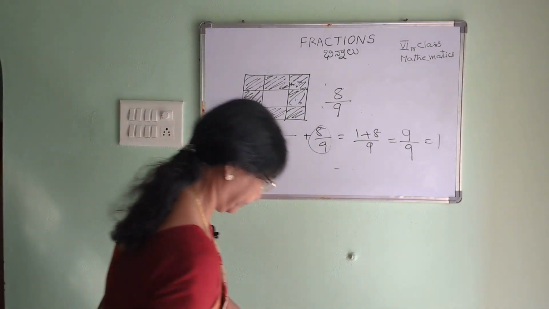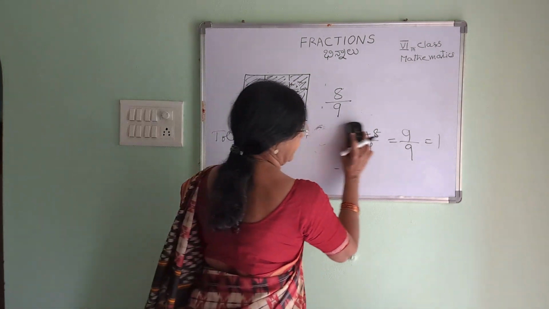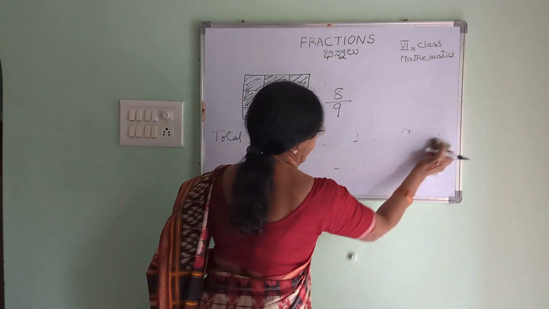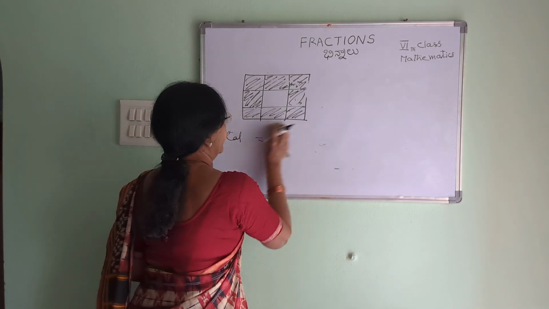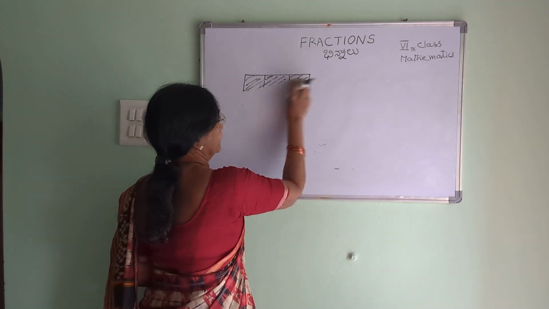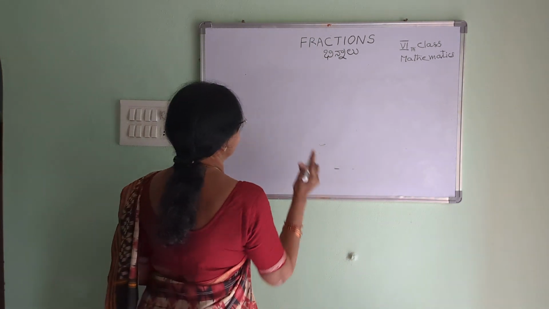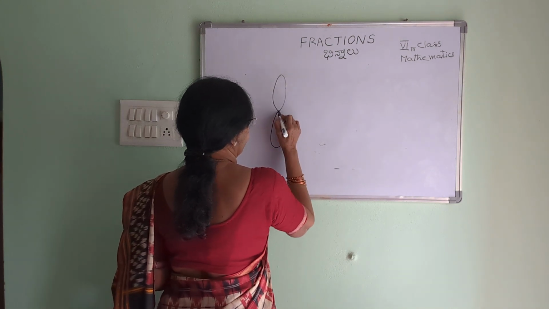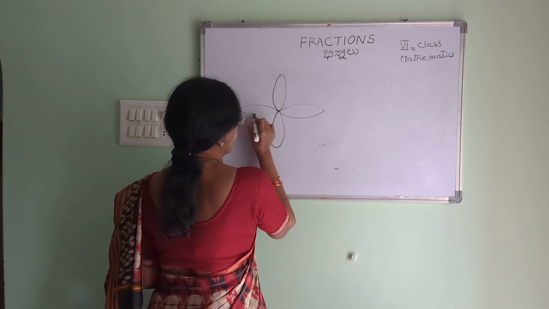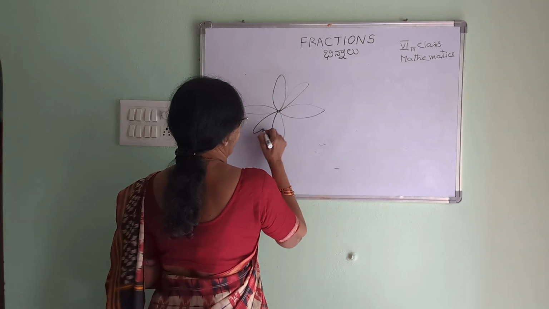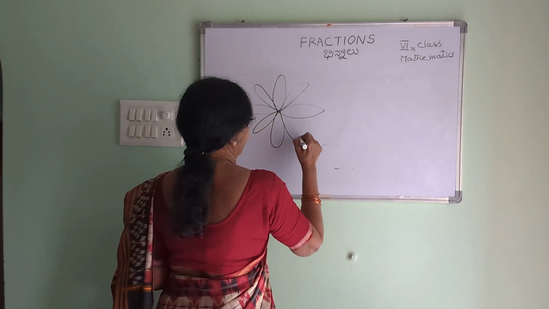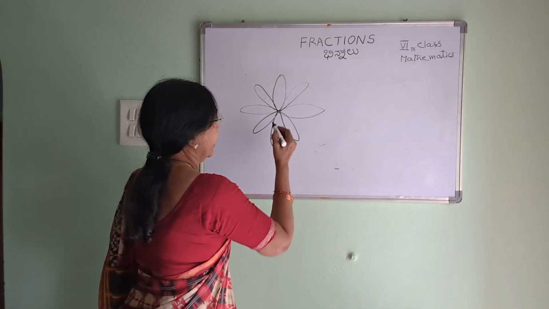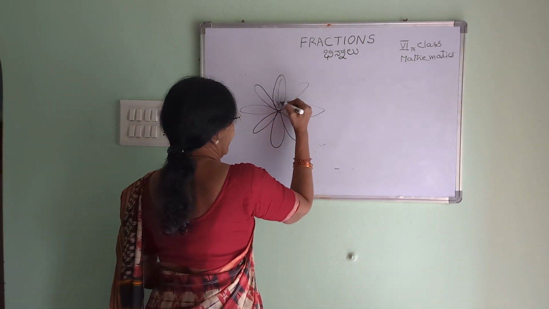Next, consider this figure. All these are equal. There are 8 equal parts, and this is colored.